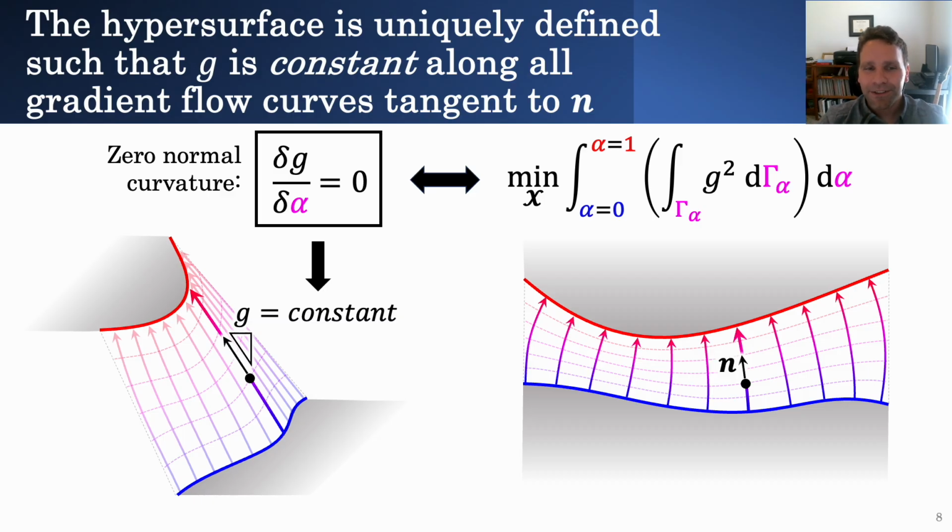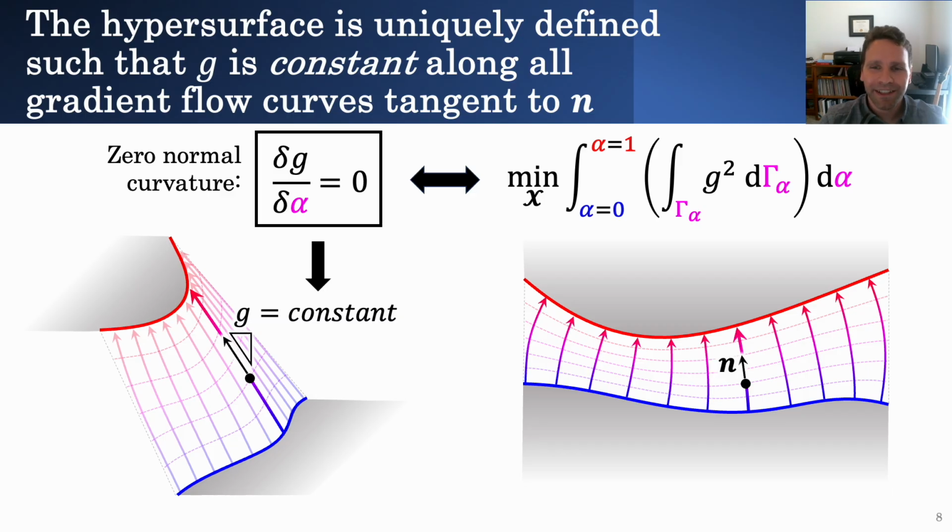Now, along such a curve, if we were to enforce this zero normal curvature condition, we would find that along such trajectories, this differential gap function should be a constant value along each such trajectory, going from one surface to the other. And that can be obtained, again, by enforcing this condition that the delta alpha derivative of G is equal to 0 everywhere on this hyperdimensional manifold.